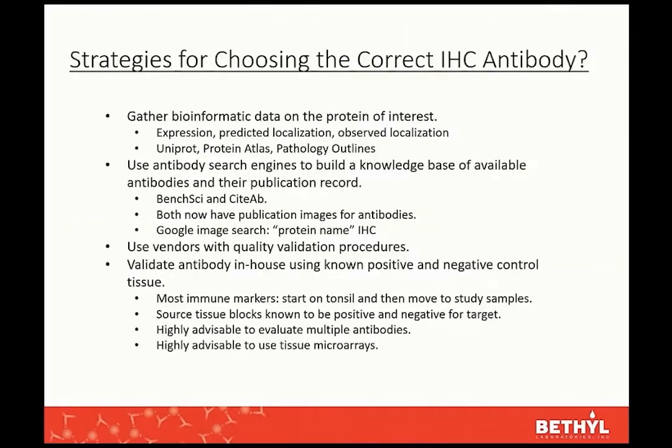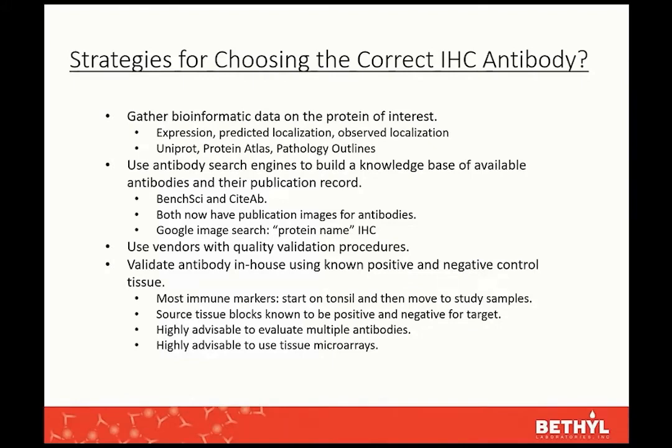So what are the strategies for choosing the correct IHC antibody? We have a system in place that we do in-house, and of course that begins with gathering all the bioinformatic data that we can of the protein of interest, which includes expression data, where it is actually predicted to be localized, and its observed localization.